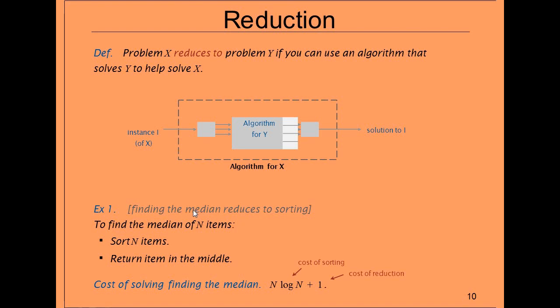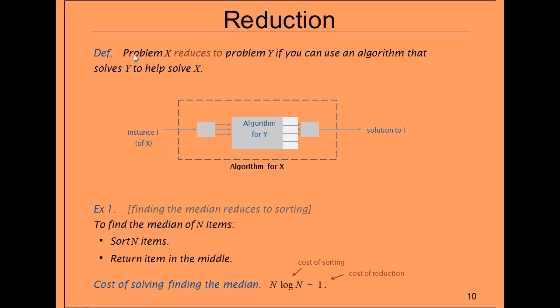This means we can solve the median problem if we have a solution for sorting, or in other words, sorting helps to solve the median problem. If you are interested in finding the median of n items, you will first sort the items and return the item in the middle. So you have reduced the median problem to the sorting problem.